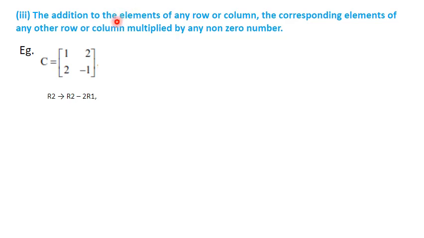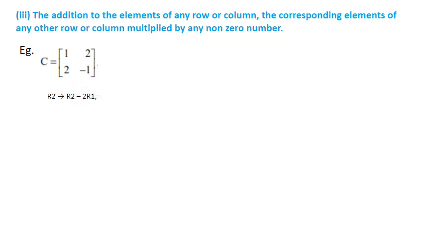What it is saying is, you multiply a scalar with any row or column, and add or subtract it from another row or column. Here I multiplied a scalar 2 with R1 and subtracted that from R2. This is the operation.